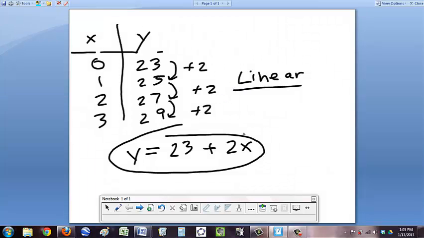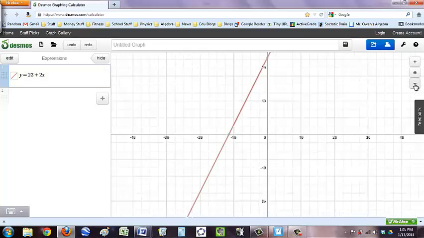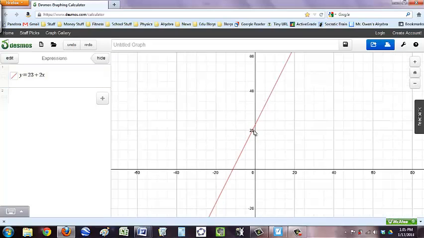Now, let's go to the graphs and see what these two functions look like. The first one was y equals 23 plus 2x, the linear one anyway. Let me zoom out a little bit so we can see it. There it is. It's going through the point (0, 23), that's the y-intercept, and the slope is 2.